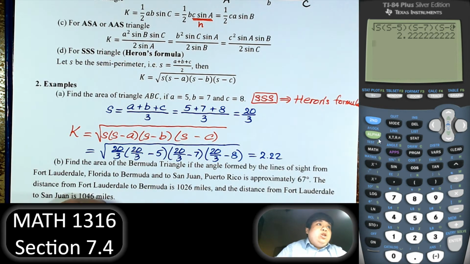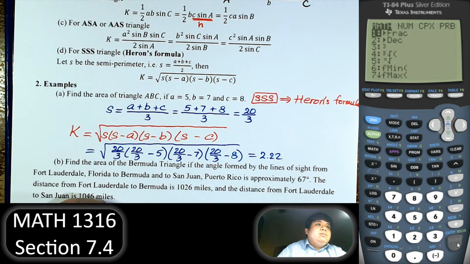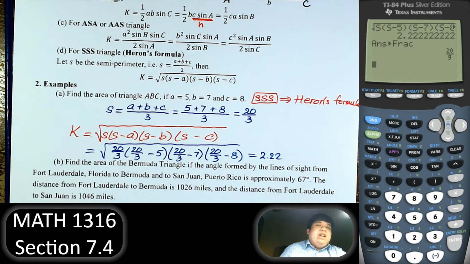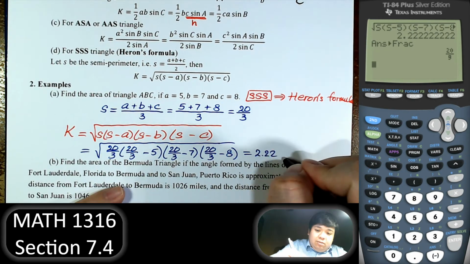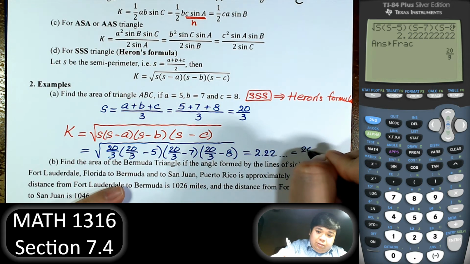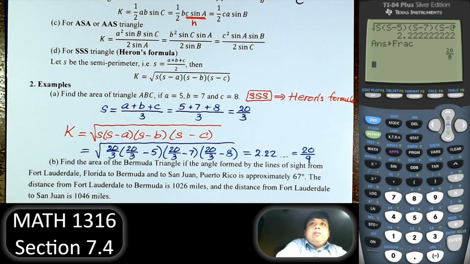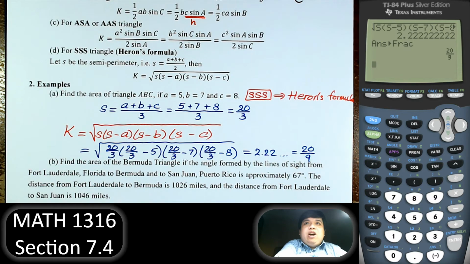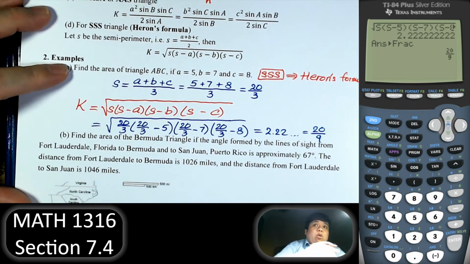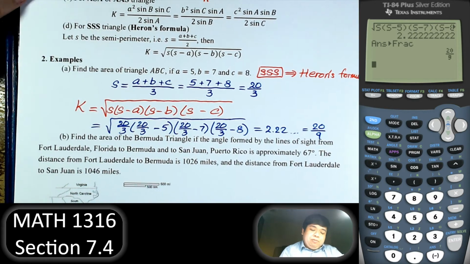Actually, this one should be 2 over 9. Sorry, 20 over 9. So that's what we have. Simple enough, right? Straightforward. So when we have all three sides, that's what we use.